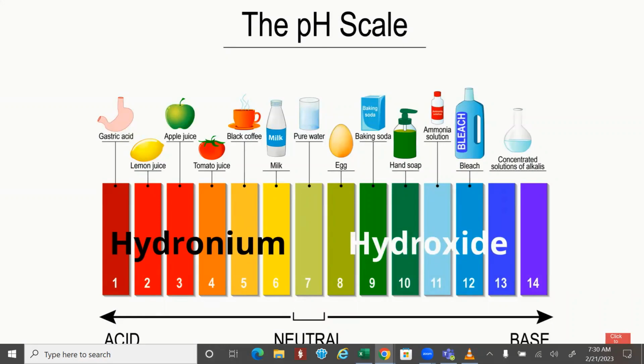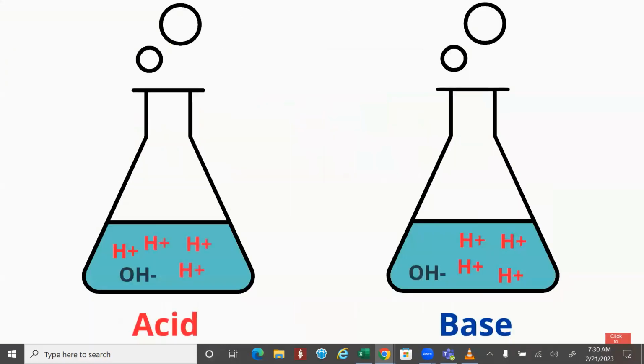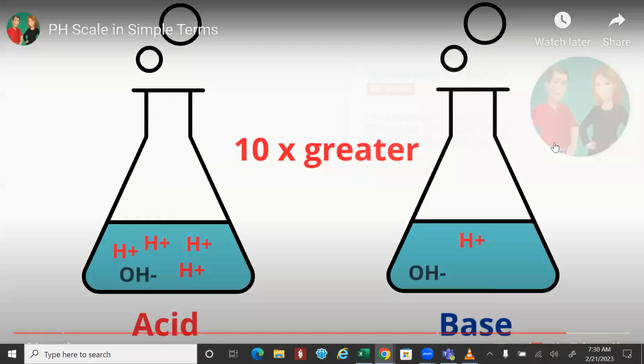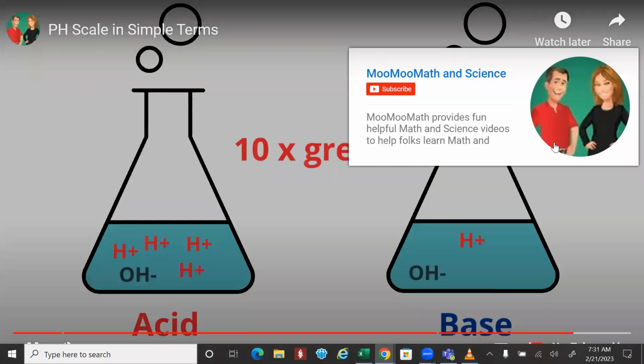In very simple terms, acids gain hydrogen and bases lose hydrogen. Each number represents a tenfold change in the acidity or basicity of the water. Water with a pH of 5 is 10 times more acidic than water having a pH of 6.